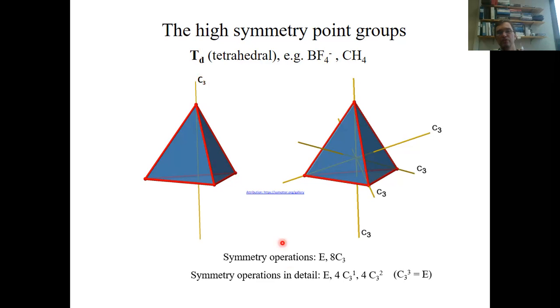Because we have 4 C3 axes, we will have overall 8 operations. 4 of them will be C3^1 and the other 4 of them will be C3^2. As mentioned previously, the C3^3 will already be accounted for by the identity.